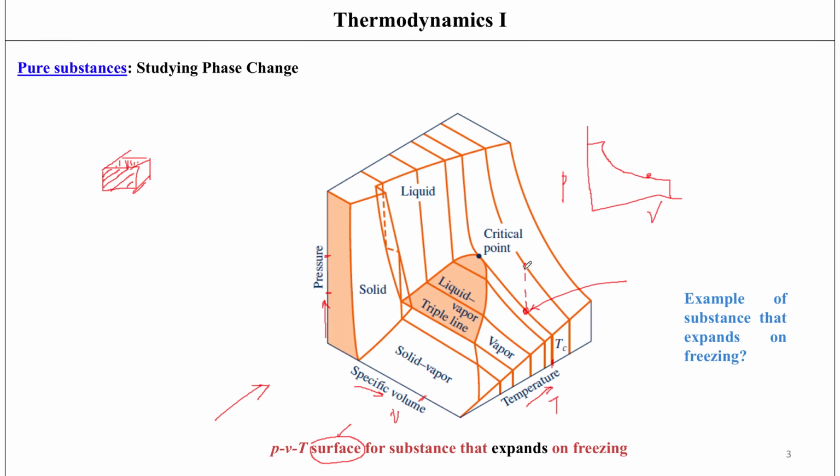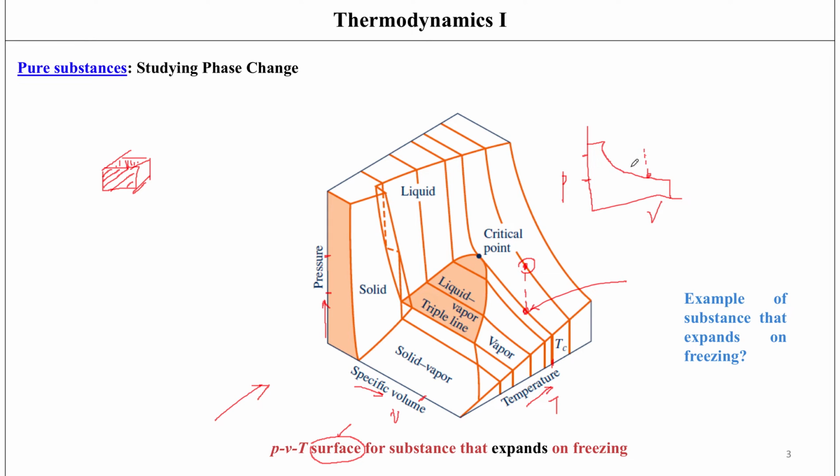Now, what I'm trying to say with this is that if I was to go up on my pressure value here to this point, I would have to have a projection vertically, okay? And what I see is that this point doesn't exist on the surface.